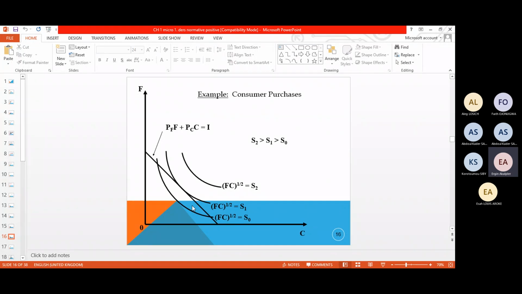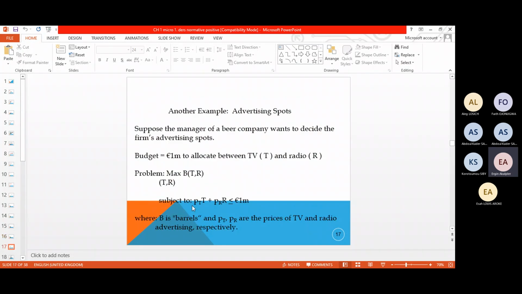Therefore, S2 is supposed to be more than S1, and S1 is supposed to be more than S0 in the given scenario. And as I said to you, S1 is the best possible option for this consumer because it is better fitted to the budget line, and it is tangent to this budget line and should be maximizing the given scenario for this consumer.